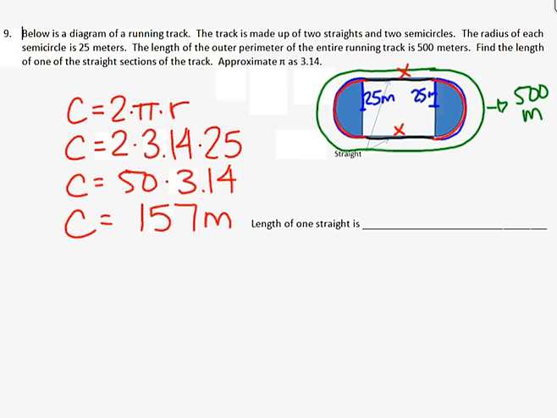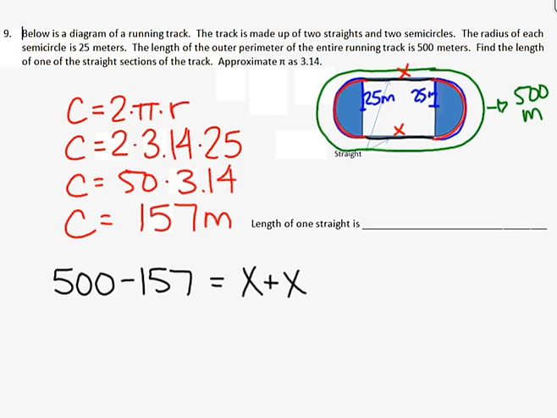Now we just need to use that to find the straight section. So remember, the total perimeter was 500. The curved part is 157. So if we subtract that, we're going to get the straight sections. So we'll have our 2x's, and that equation will help us get just 1x.